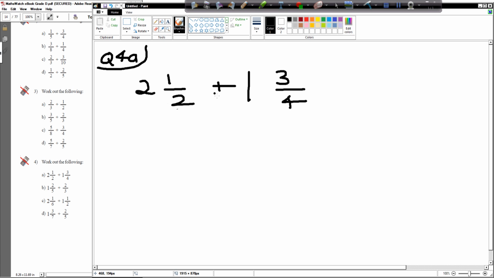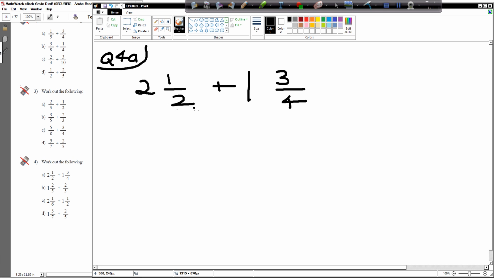Okay, we can do this in different methods. We can add the whole number first, then the fractional numbers afterwards, and then combine the answer together at the end. But then what happens when we do minusing, we can come up into a bit of a cropper when we don't have enough fractions to minus each other. So one method that we can use for addition and for subtraction is a consistent method.